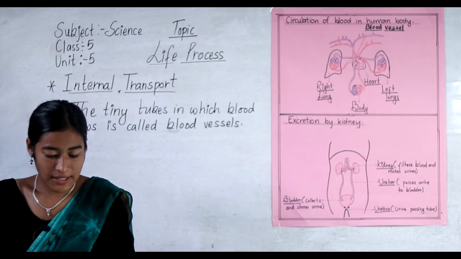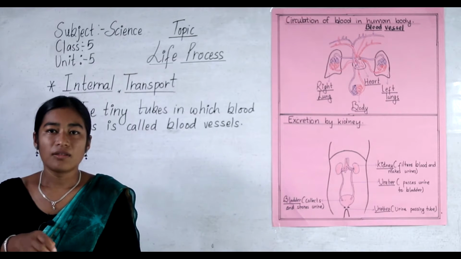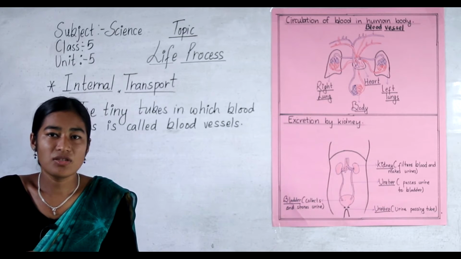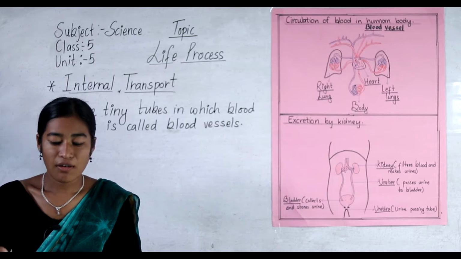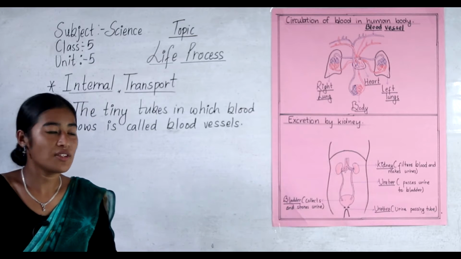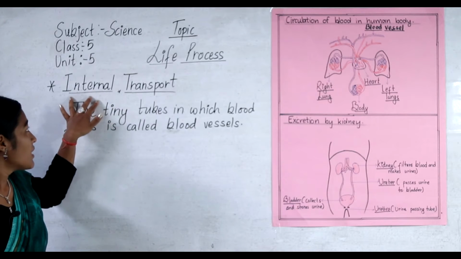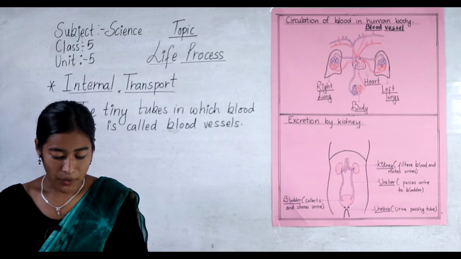And the next one is the respiratory system. We had read that the process of breathing in oxygen and throwing out carbon dioxide is called respiration. Now in today's class we are going to learn about the internal transport which is inside our body.